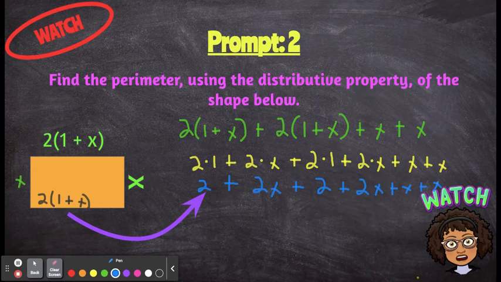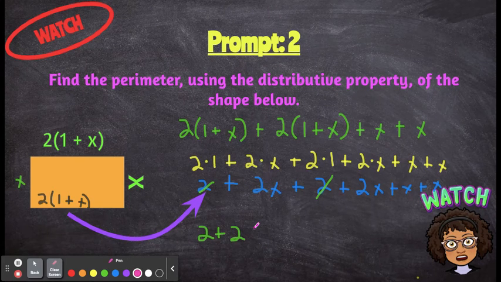So now, let's organize this to remember like terms. Anything that has the exact same variable, right? So let's try this. So that would become, all the 2's will get together. So that's 1, 2. I'm going to cross it out. Let's see if I can find another 2. Look, there's another 2. And remember, these are constants. There's no variable to it. Are there any more numbers on their own? No. So now I'm going to look at the variable.